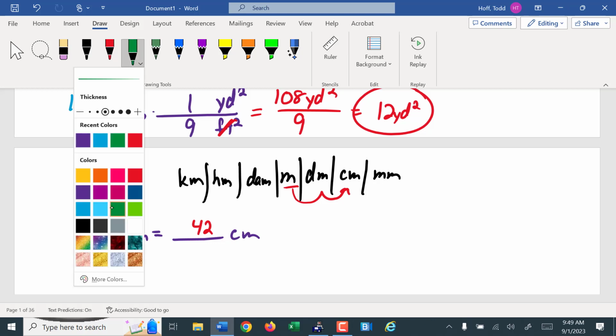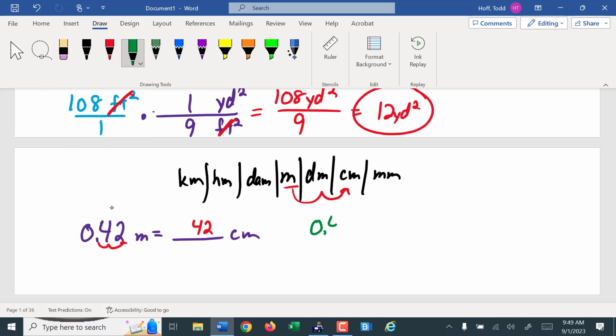But if that were 0.42 square meters going into square centimeters, the reason we could just move the decimal point in our regular metric conversion was because, as we said, each spot on the chart is either multiplying by 10 or dividing by 10.